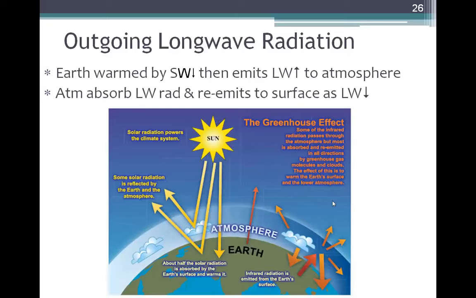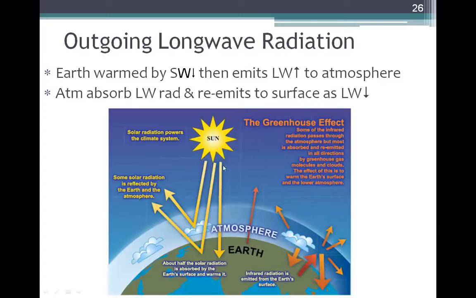And we call it the greenhouse effect because it's just like a greenhouse. If you imagine a greenhouse that's made of glass, or it's see-through, which means that it allows incoming solar radiation to pass right through it, just like our atmosphere does. Our atmosphere lets through a lot of incoming solar radiation.